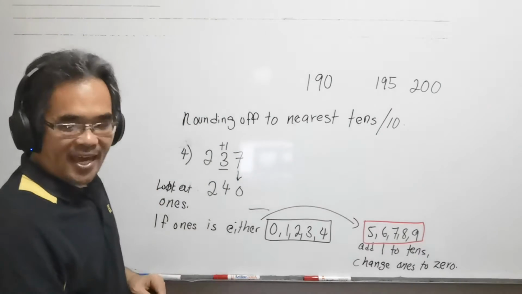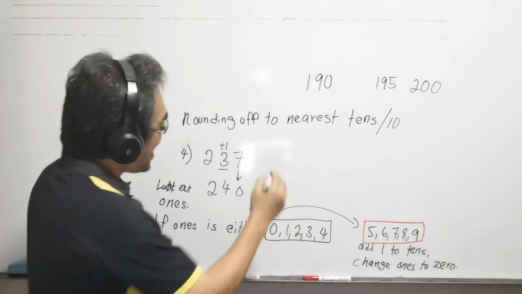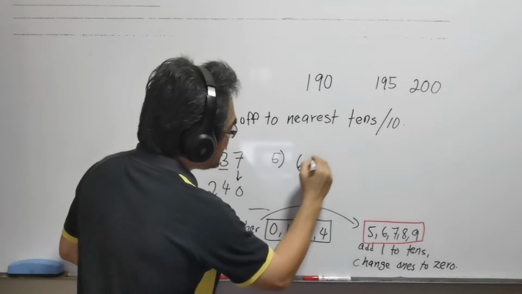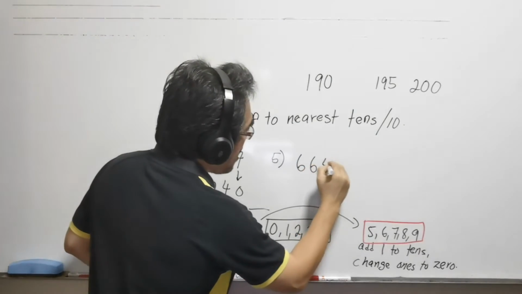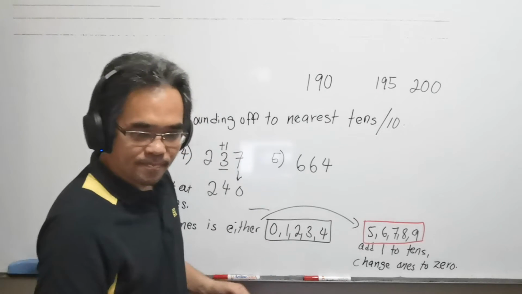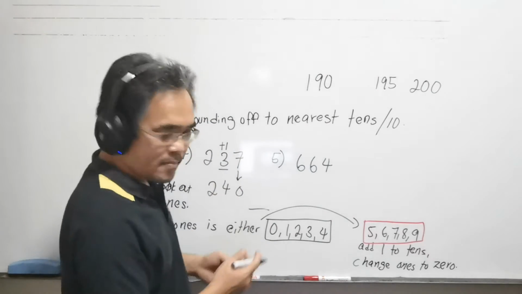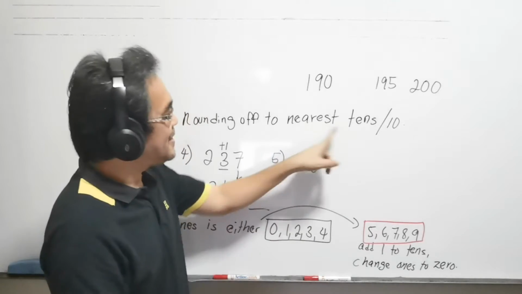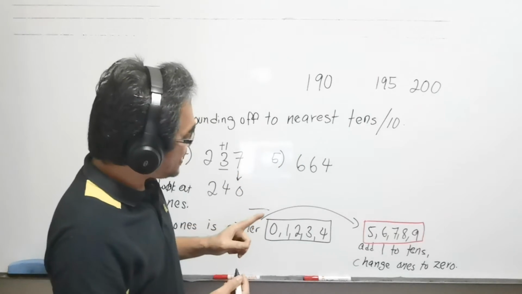Okay. Alright, so let's do another example. 664. What do we have to do here? Underline tens. Which is 10?